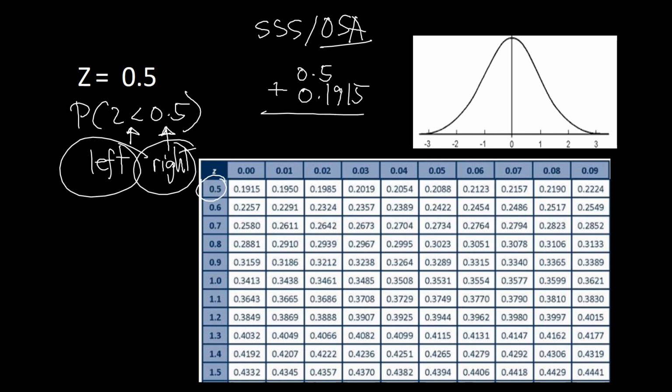And again, this is 0.6915. So this is equivalent to 69.15%. That would simply mean that, on the question of what is the percentage of the students who would take the test for less than 16 minutes, that's a greater chance. You've got 69.15%. Okay? So I hope that works well for you.